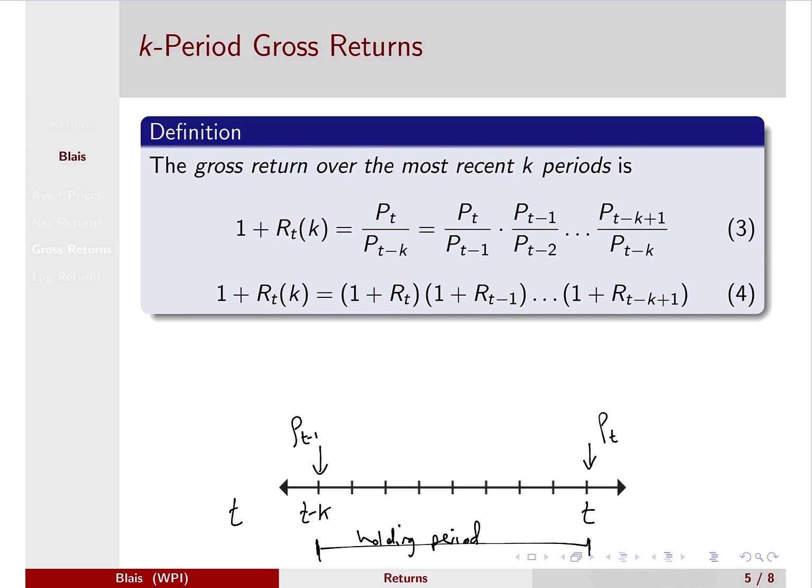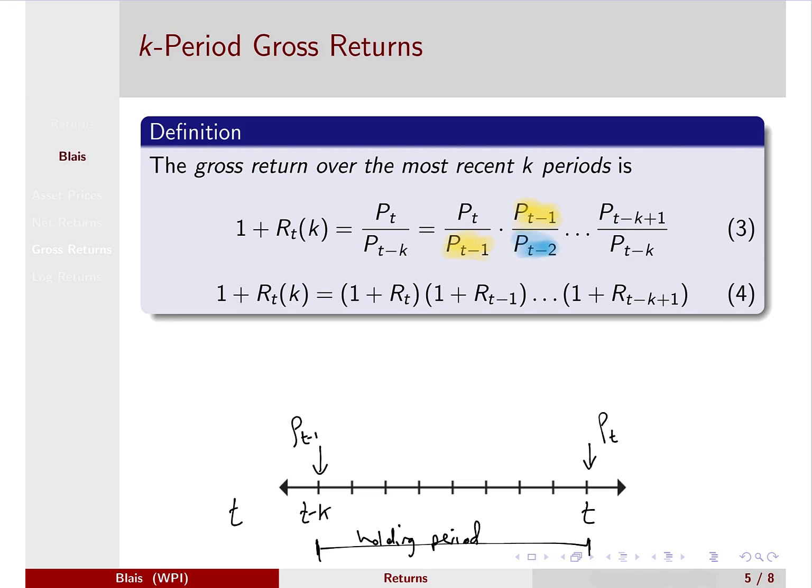But we then can do a little bit of algebra to note that we can rewrite it in this way. And notice what we're doing here. We are just pairing. So we add in this P_{t-1}, but notice we do it top and bottom, and those cancel.